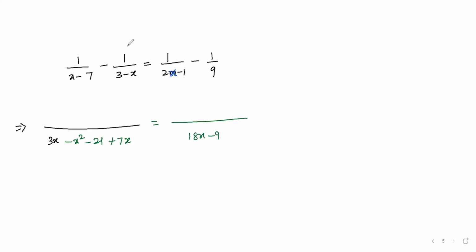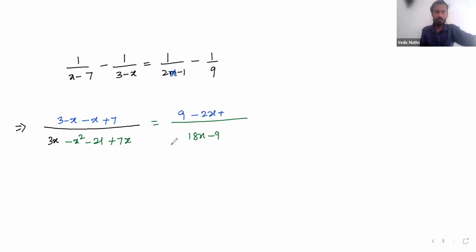Clear my point? Then here 3x minus x plus 3, so 9 minus 2x plus 1, so that is minus 2x plus 10 upon. So minus x square plus 10x minus 21 here.